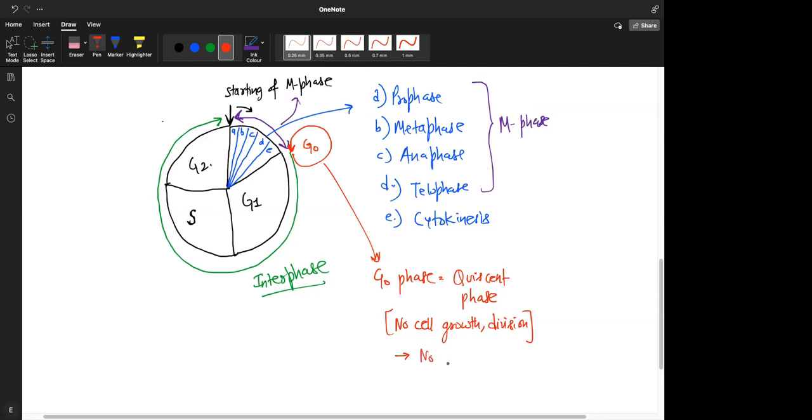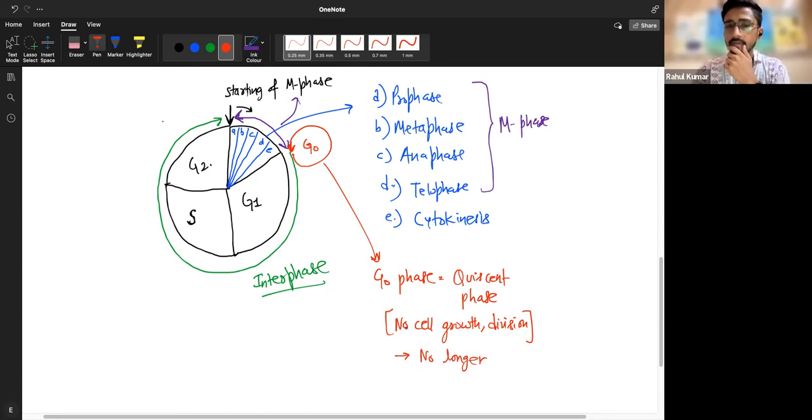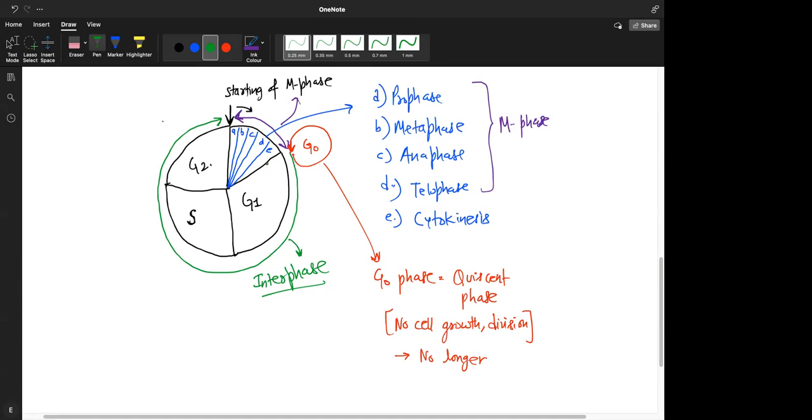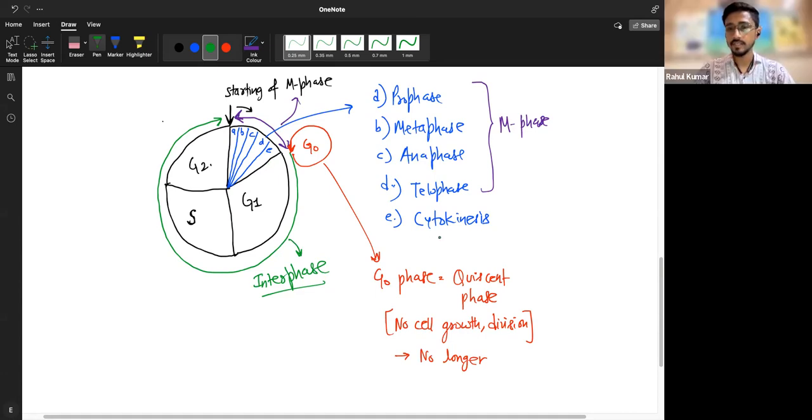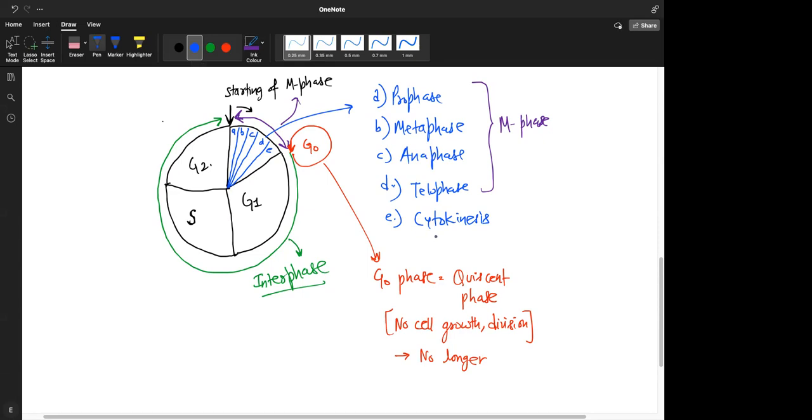Sir, what does the cell do in the interphase? In the interphase, it does a lot of different things. First it grows. After the division, you reach cytokinesis. Now tell me, Maha, what does the word cyto mean? Cell. Very good.